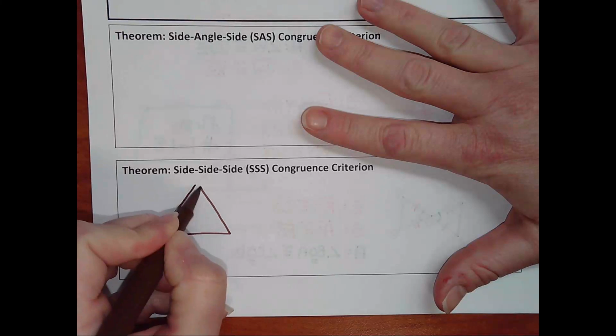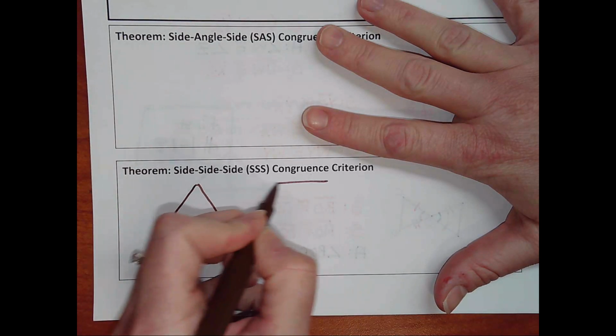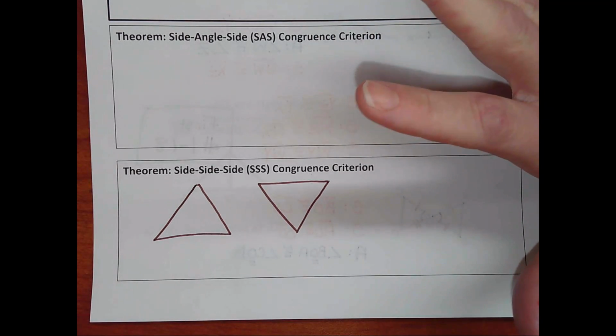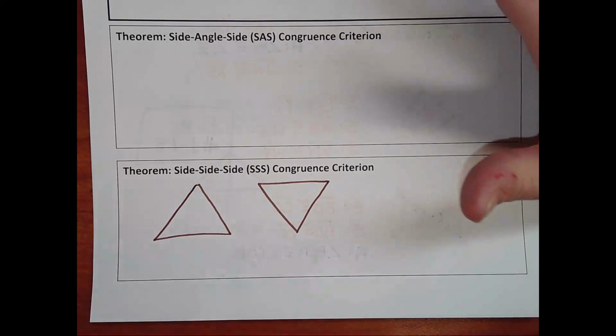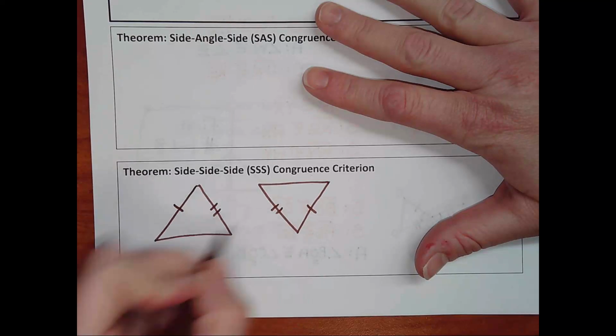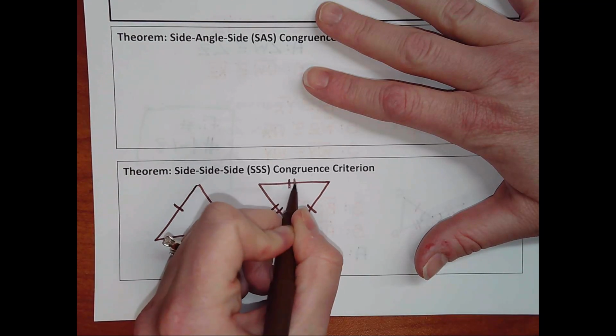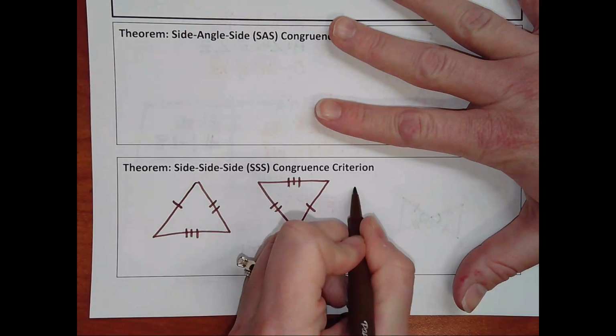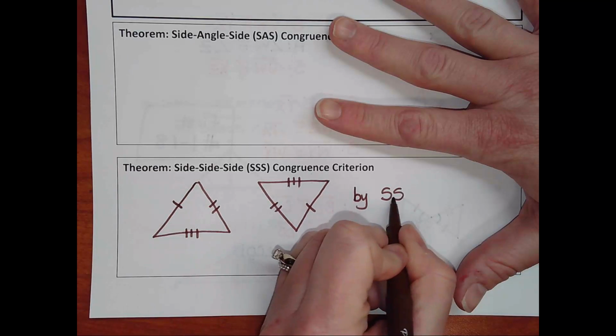If you have two triangles, maybe I'm going to flip them around. They don't have to be flipped around the exact same way, but if you have two triangles that have sides that match up, all three, and are congruent, then these two triangles are congruent by side.